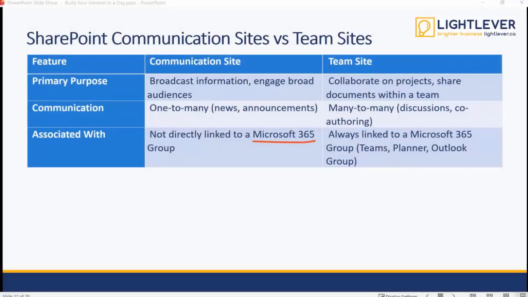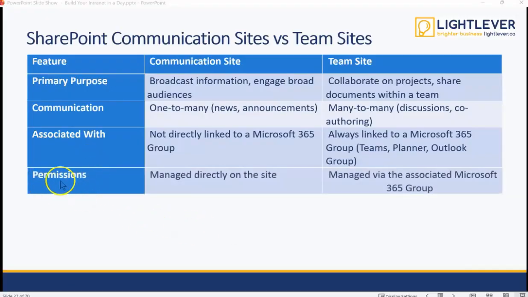So communication sites are not linked to a Microsoft 365 group, and team sites are always linked to a Microsoft 365 group. So team, planner, Outlook group, etc. So this has a few implications, including the management of permissions. Because there is no Microsoft 365 group associated with the communication site, we manage the permissions directly on the SharePoint site using SharePoint groups and adding people directly.